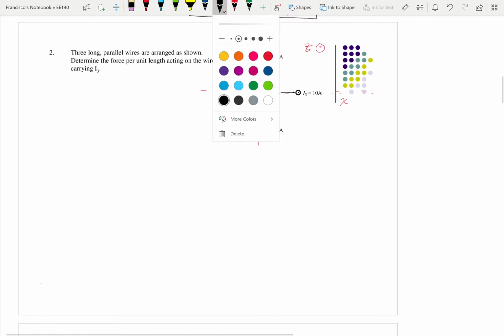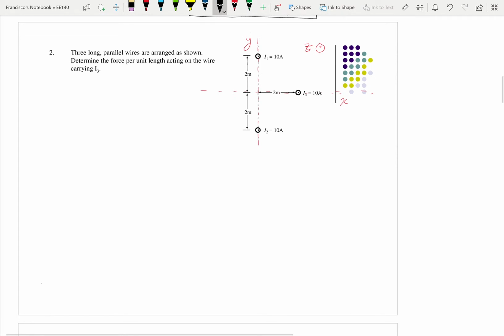Okay, force per unit length. Well, force can be described by this equation here. The main thing here is to find the magnetic field acting on a wire carrying I3.